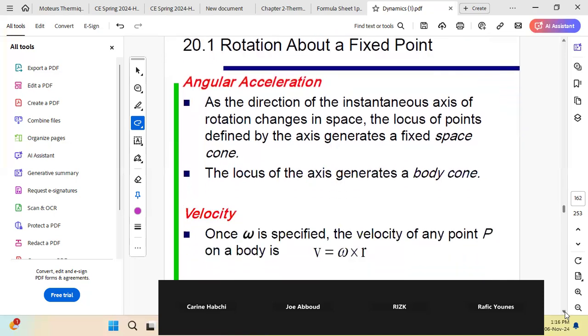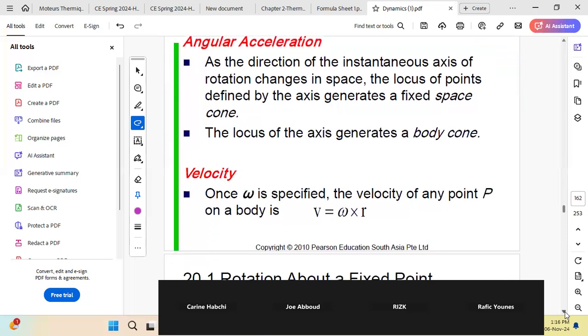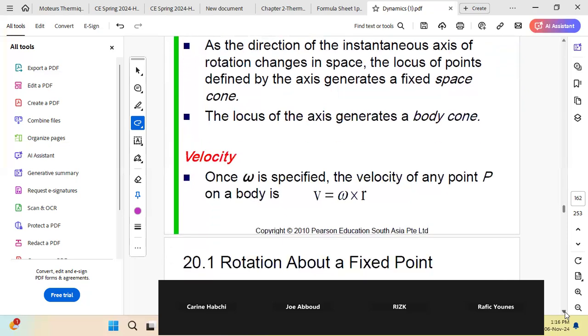Now we know from the previous analysis in chapter 16 that if a point is doing rotation about a fixed axis, the expression of velocity is omega vectorial r.